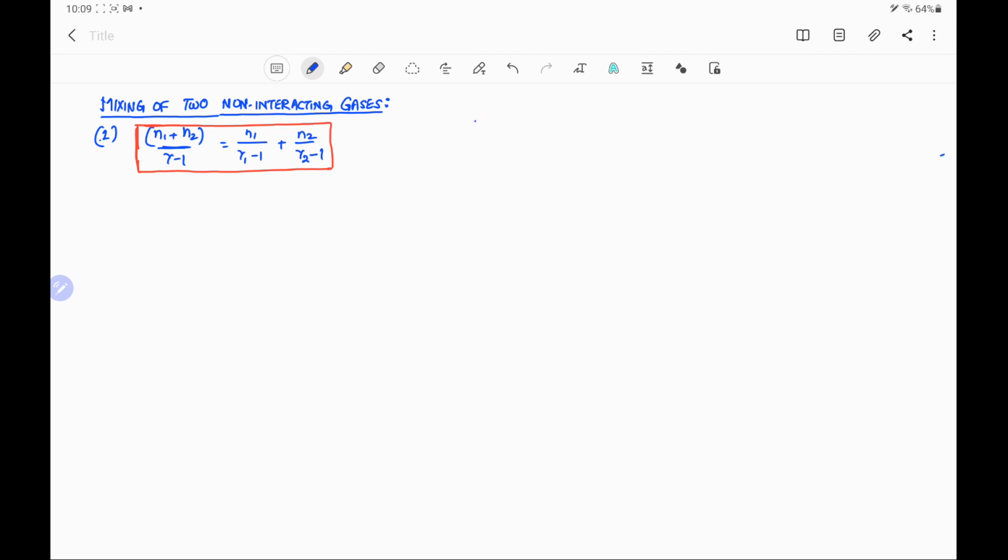In the expression, N1 and N2 are the number of moles of gas 1 and gas 2. Gamma 1 and gamma 2 is the ratio of molar heat capacities, that is Cp by Cv.